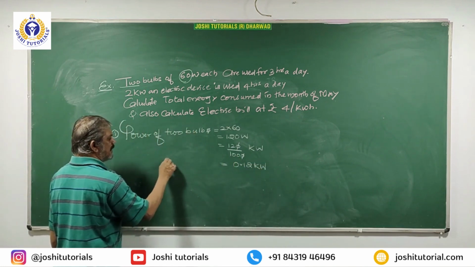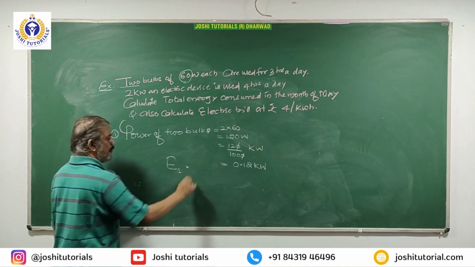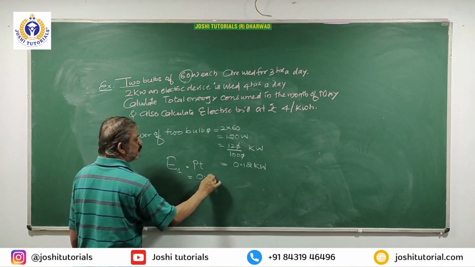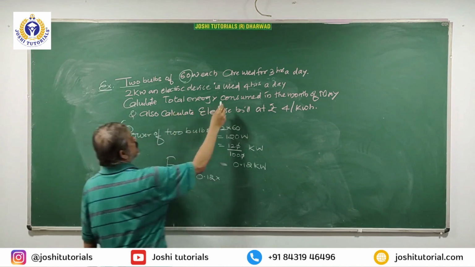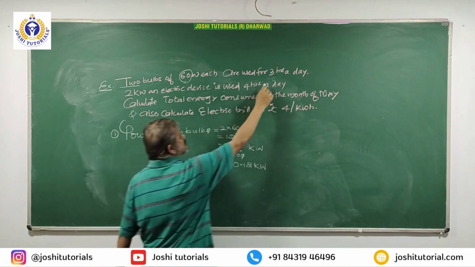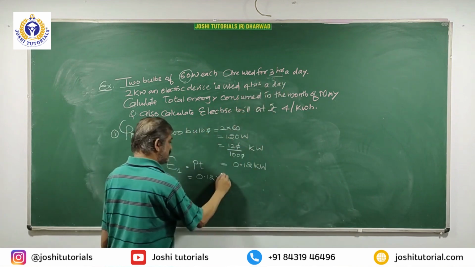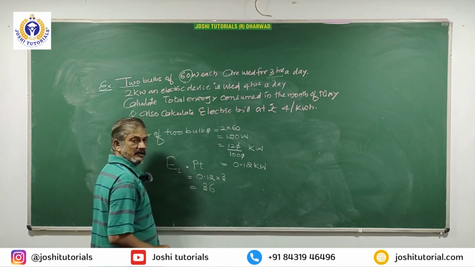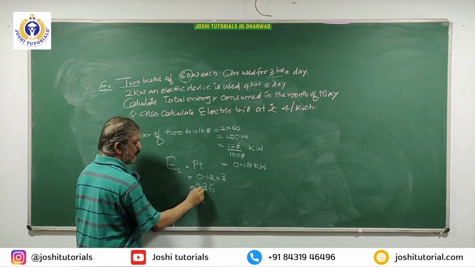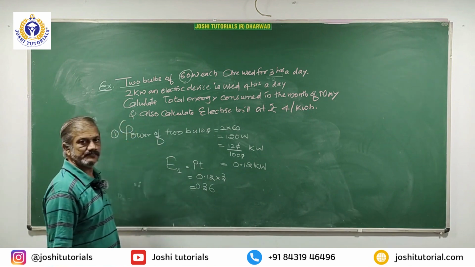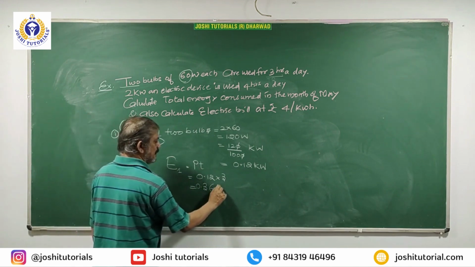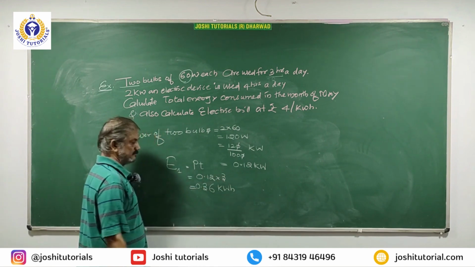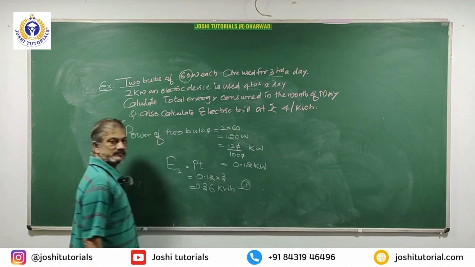Now we have to calculate energy E1. Formula is P into T. Power is 0.12 and duration, try to understand, duration 3 hours. 12 3s are 36, so 0.36 kilowatt hour, because it is our result number 1.